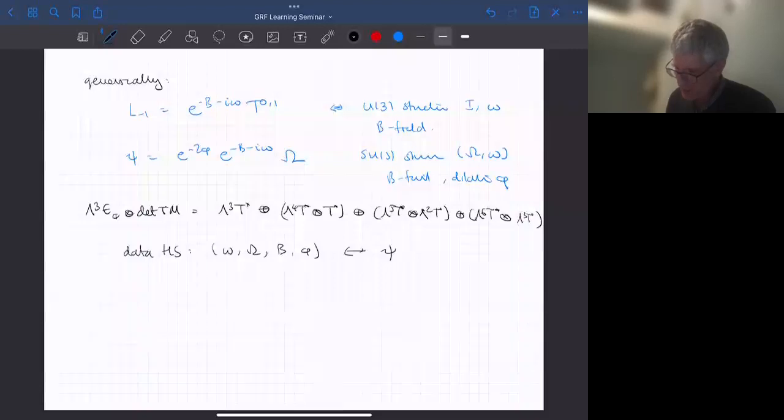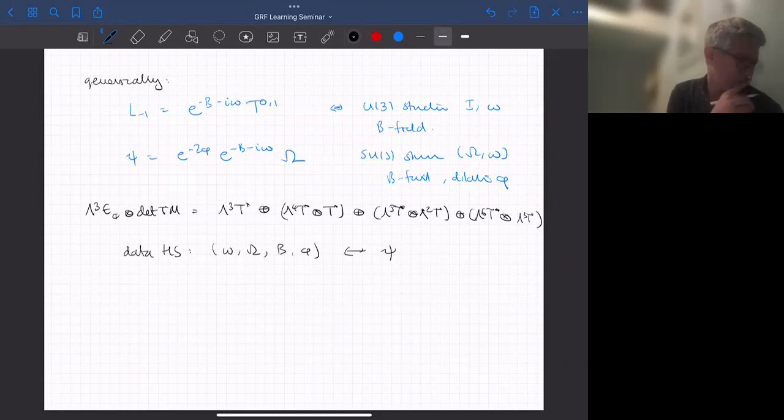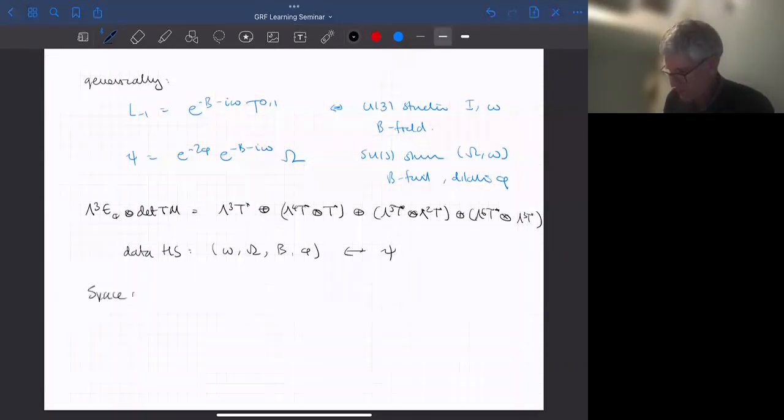Now the point is, what about the space of structures, so let's call it Z. You can think of psi as a map from the space of structures into this space of sections.